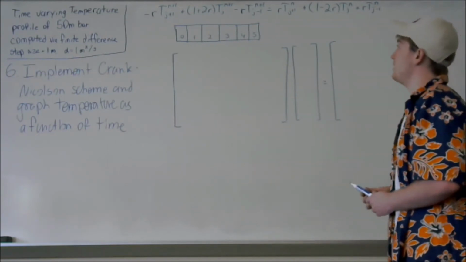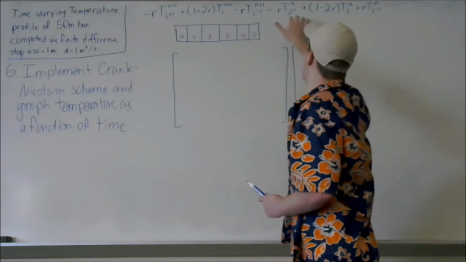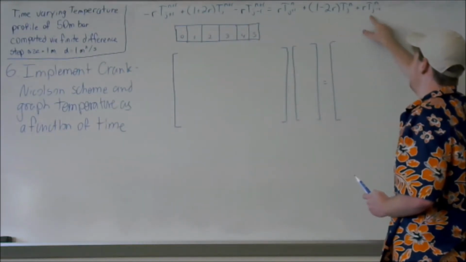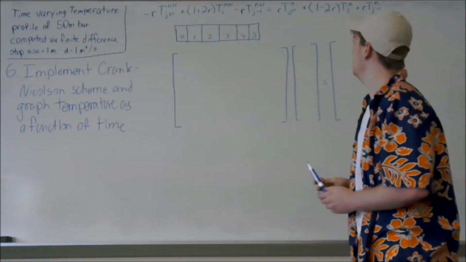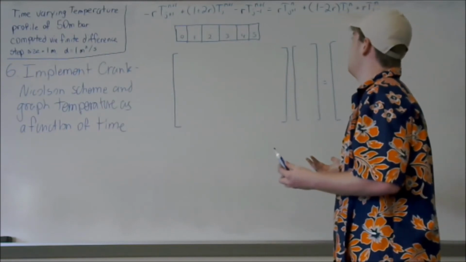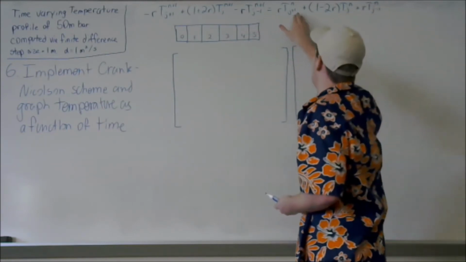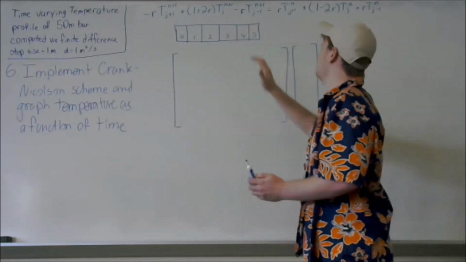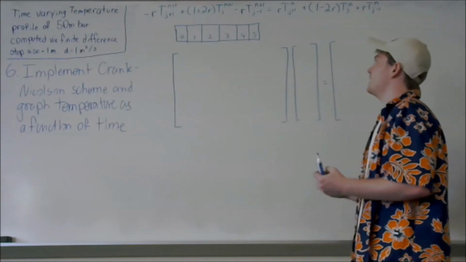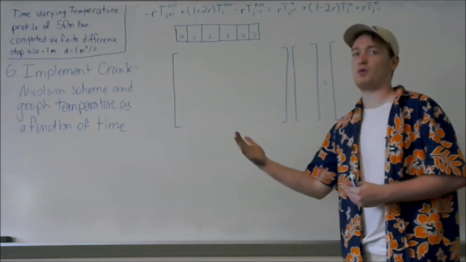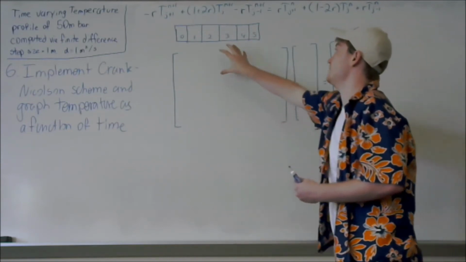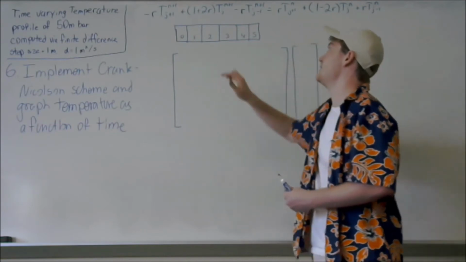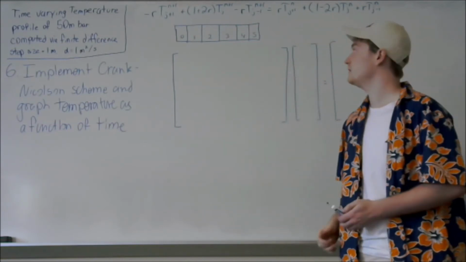Let's start by looking at our equation up top, specifically at the J values. We're going +1 here and -1 here, so we need to look both forward and backwards at our positions when defining what we want to look at on the bar.